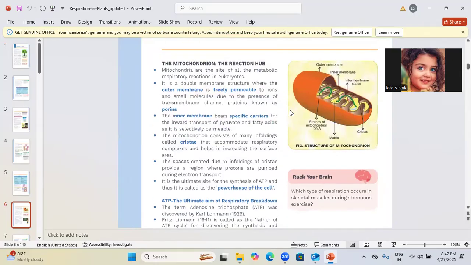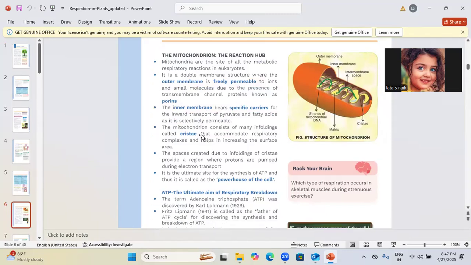Now, the mitochondria and the reactions about the mitochondria. Mitochondria are the site of all metabolic respiratory reactions in eukaryotes. It's a double membrane structure where the outer membrane is freely permeable to ions and small molecules due to the presence of transmembrane channel proteins known as porins.